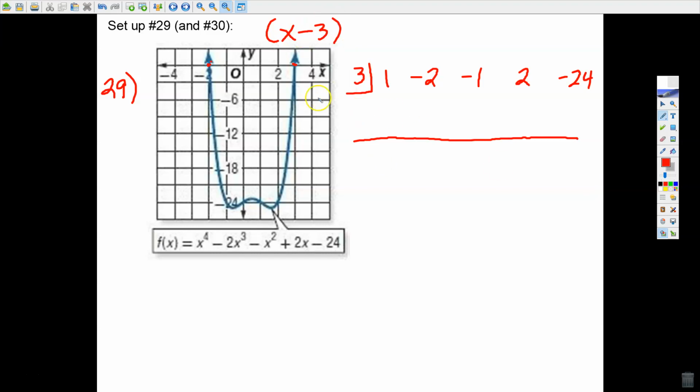Okay, if I put 3 in for x here, would I get 0? Yes. So think of x minus 3 as being one of your factors, and then the other factor in linear binomial form would be x plus 2. Okay, does that make sense?